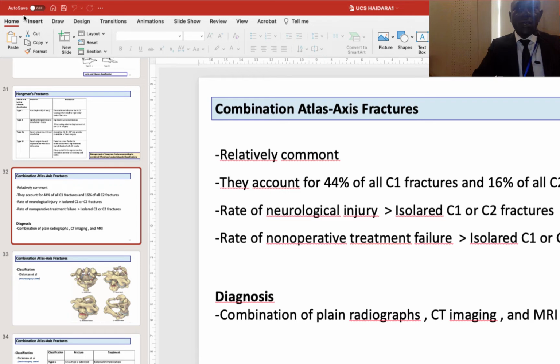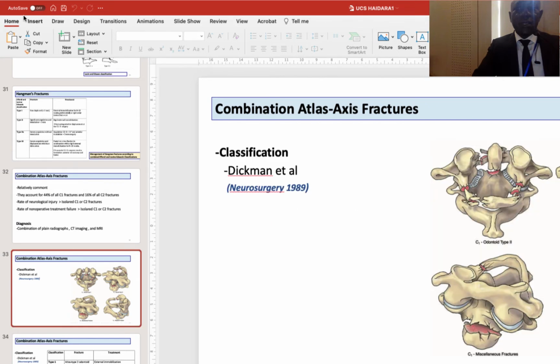The rate of non-operative fracture is superior in C1 or C2 fracture. The diagnosis needs a combination of plain radiography, CT imaging, and also MRI findings.